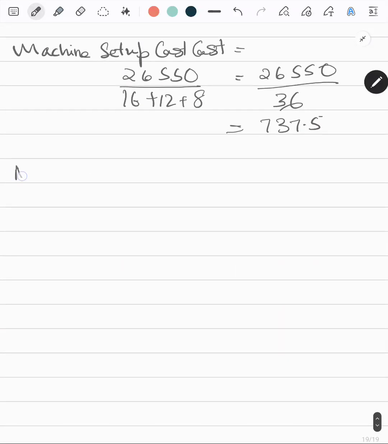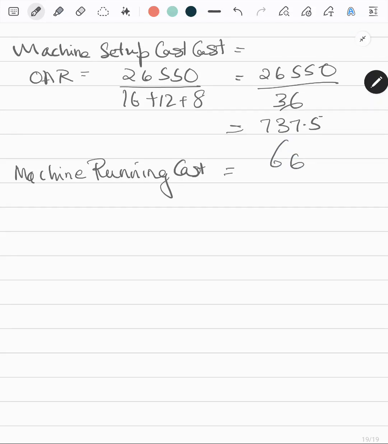Now this should not be confusing. The machine running cost was 66,400. We had calculated this based on the machine hours.